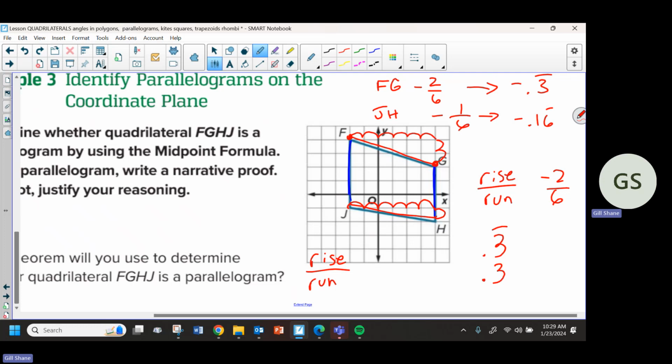For the bottom line, you get the same thing. Yeah, -1/5 again. So those two are the same. Now we have to do the left and right also. Don't forget, top and bottom have to have the same slope, and left and right. So what'd you get for the left line? 2/3. What'd you get for the right line? And then 2/3. Is that right? Got that?